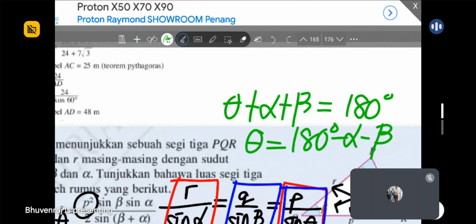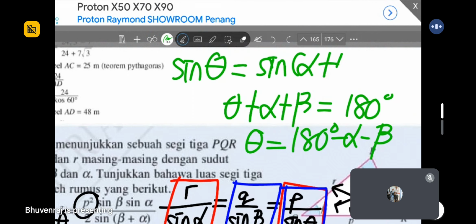Setiap sudut tu kurang dari 180 darjah. So if you are talking with sine, anything less than 180 is confirm a positive answer. Jawapan positif. Because quadrant 2, sukuan kedua, or quadrant 1, sukuan pertama. So sine is always positive. So guys, let's say I want to find sine theta. So sine theta, I can actually say is equal to sine alpha plus beta.